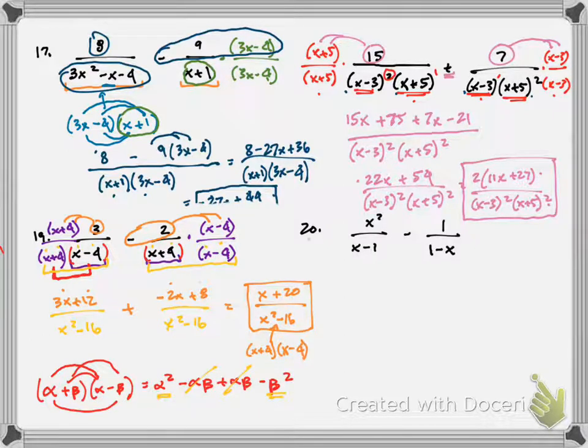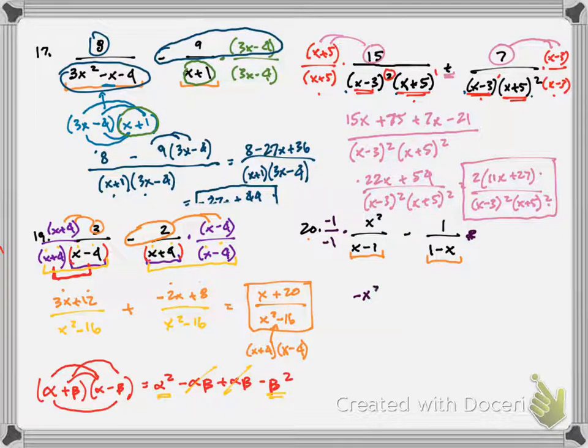All right, number 20 does look similar to a theme that we saw earlier. X minus 1 and 1 minus x are opposites. So again, I could multiply in this case this by negative 1 over negative 1, and now I should have a common denominator. You could have done that over here, multiplied the right fraction by negative 1 over negative 1. You would have also had a common denominator.